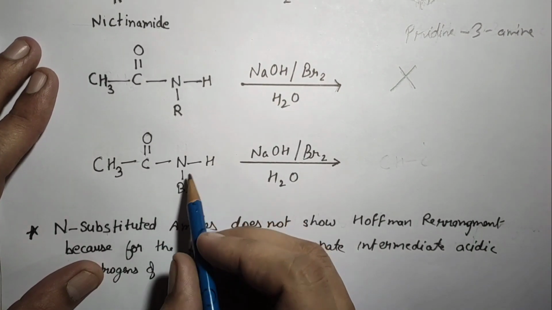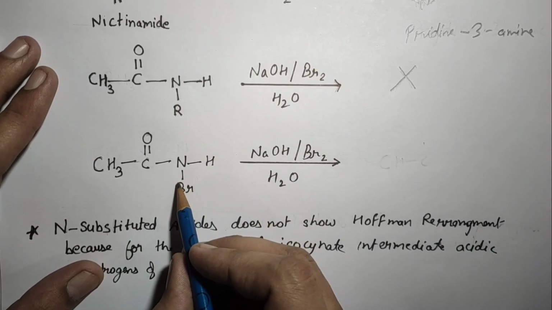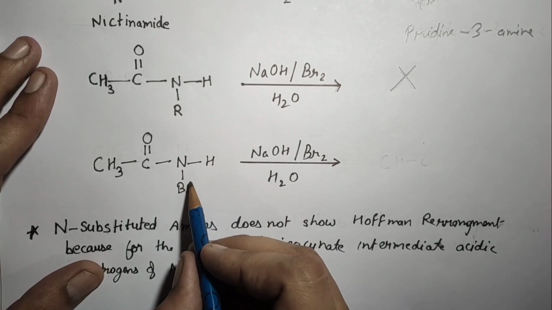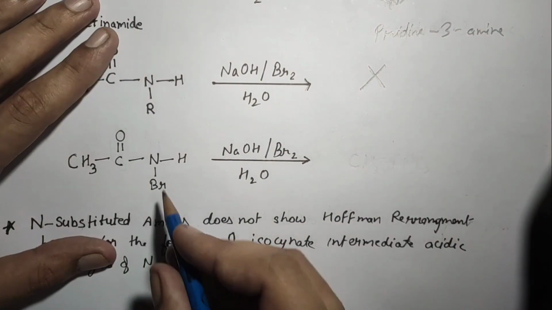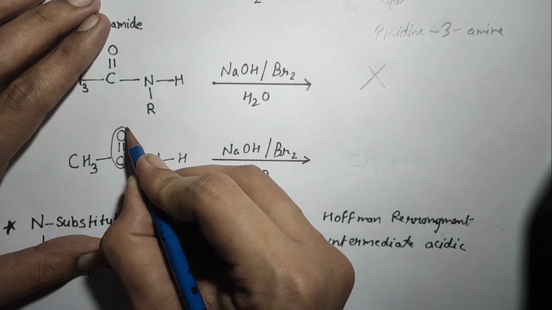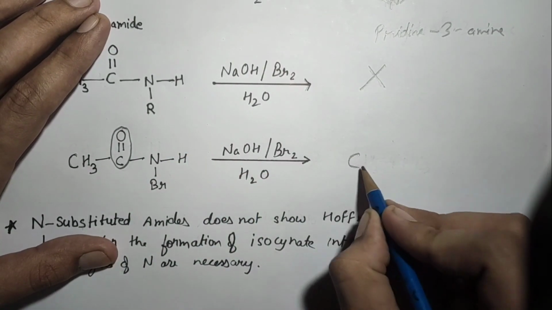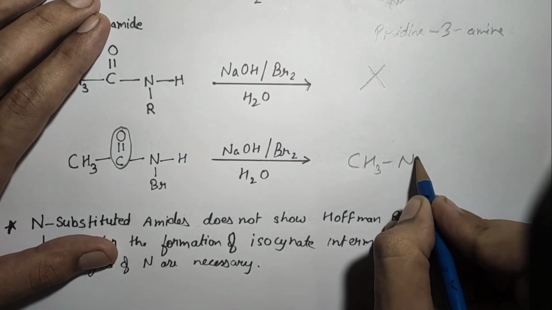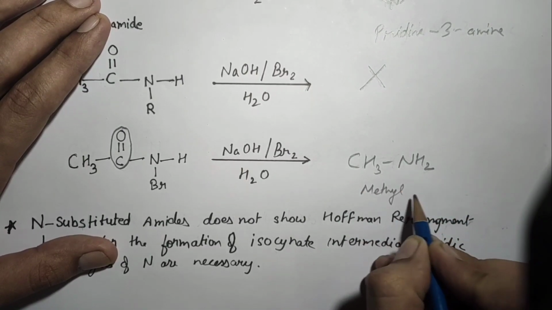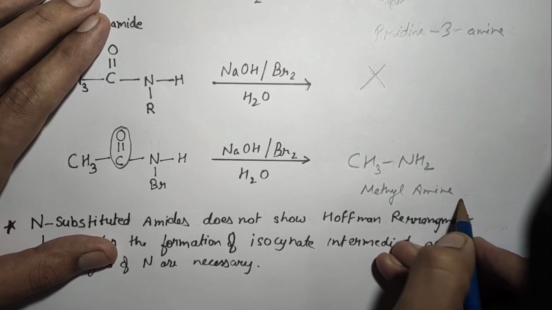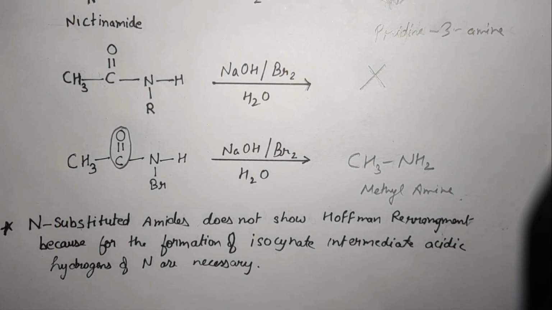Now, if any leaving group is substituted on the nitrogen of the amide, it will show Hofmann rearrangement. And this C double bond O gets removed and it will form this methylamine. So these were a few examples of Hofmann rearrangement.